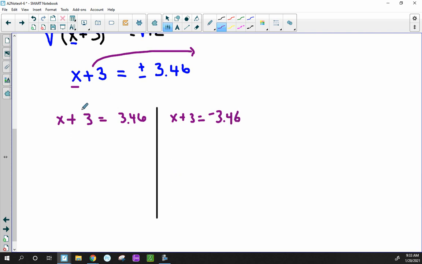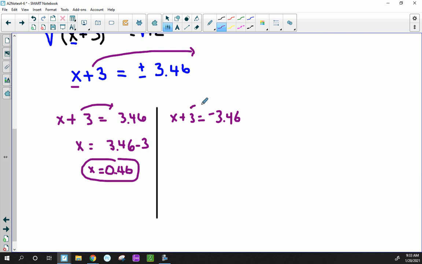You're going to, in this problem, of course, just transpose. So now you're looking at x is equal to 3.46 minus 3. Okay, well that is going to be x is equal to 3.46 minus 3 is just a positive 0.46. Alright, so that's your first solution to this problem.